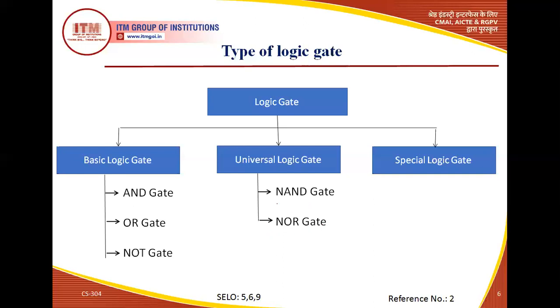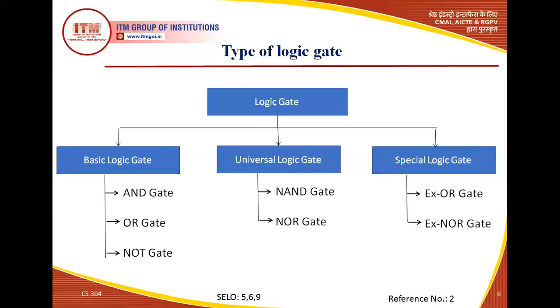Or we can also say that we can realize any of the basic logic gates by using NAND gates or NOR gates. That's why it is called universal logic gate. That means we can apply these logic gates universally for designing digital circuits.